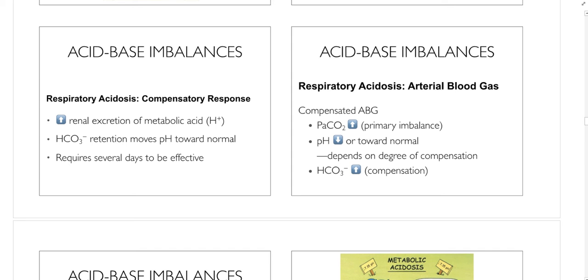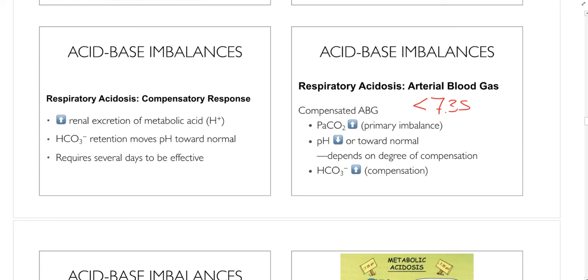Keep in mind that when the body is trying to fix a pH problem, all of this takes energy. The body is not going to want to expend any more energy than it has to keep this band-aid on this problem. We have a normal pH range of 7.35 to 7.45, and with respiratory acidosis, we have something less than 7.35.